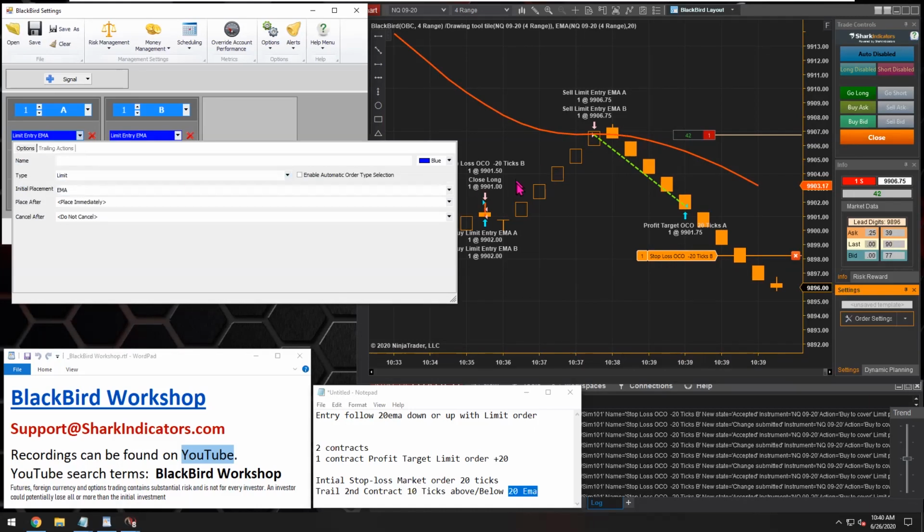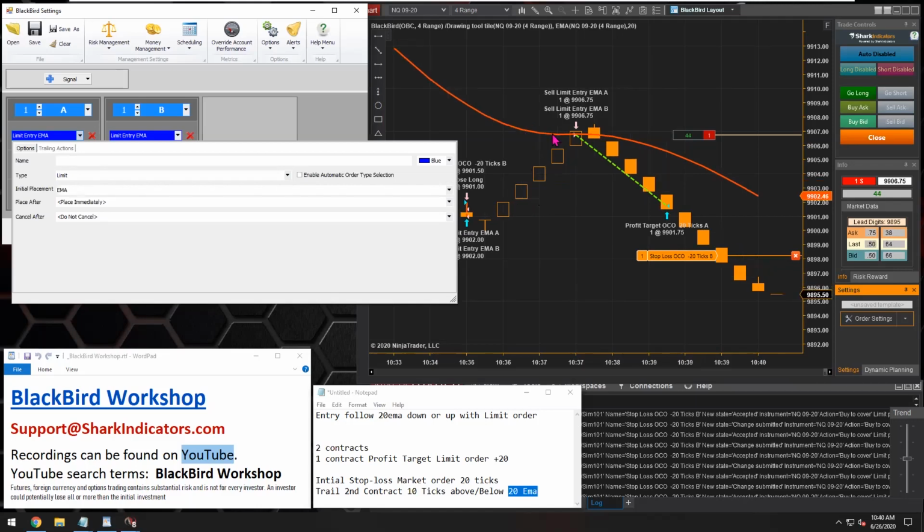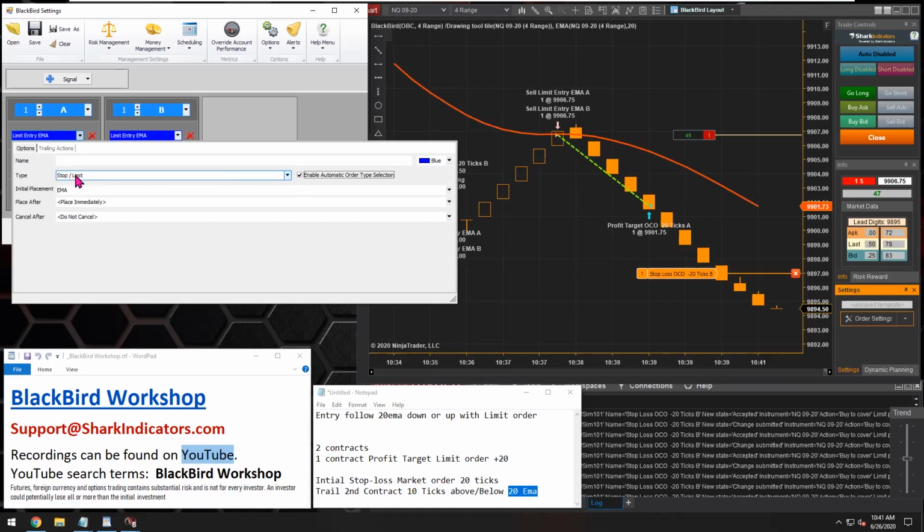But what if price is below your moving average, but you wanted to go long? Well, we have this option here of enable automatic order type selection. As you can see, the type here has changed. It now says stop/limit.